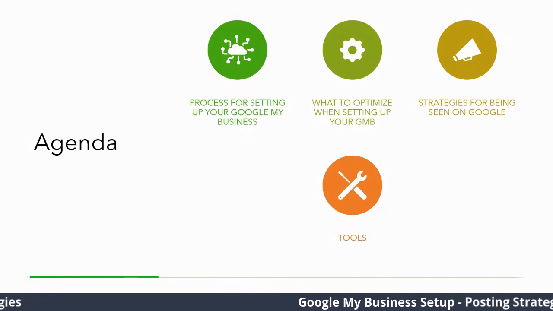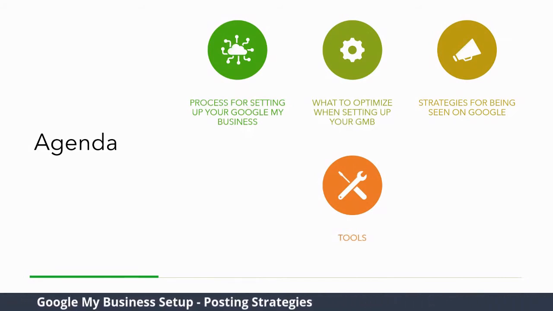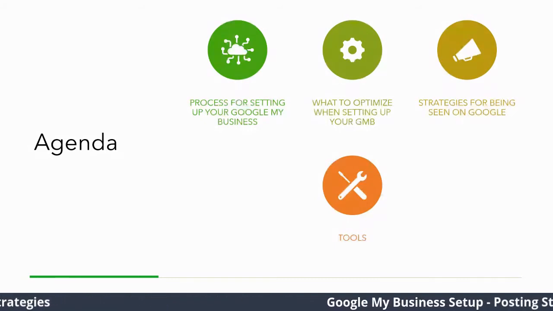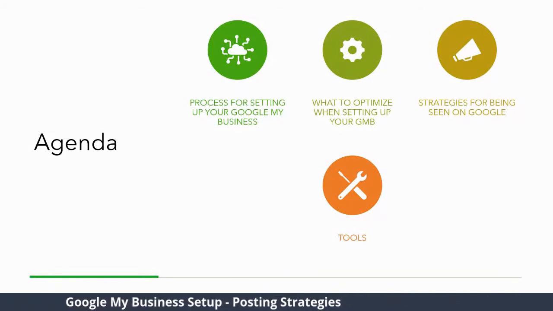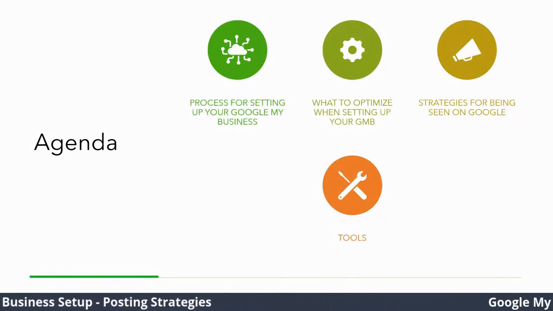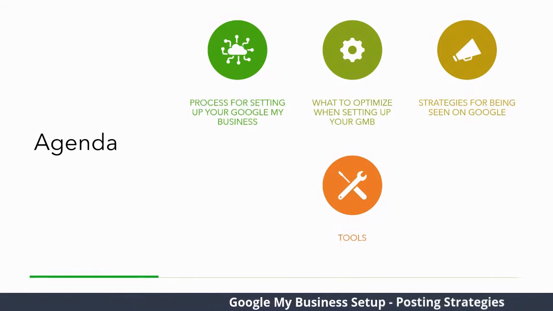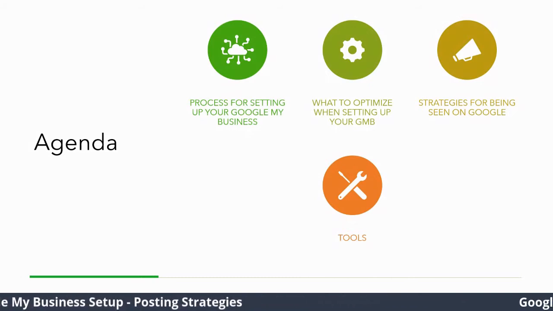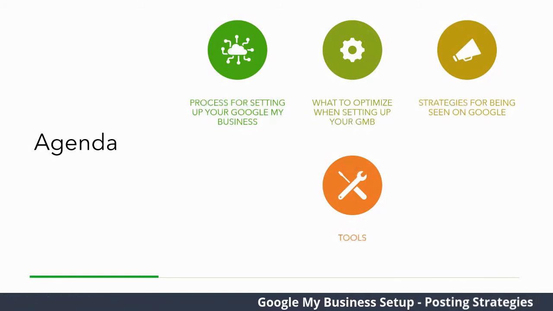Hopefully, as we're going through this, one thing you may want to do as a business owner, if you haven't set up your GMB yet, is consider using a Word document or a notepad or just some kind of text document. Try and get your ideas already planned out. Typically when we set this up, you're going to need the name of your business, the address, the phone number, the website, and a short description.